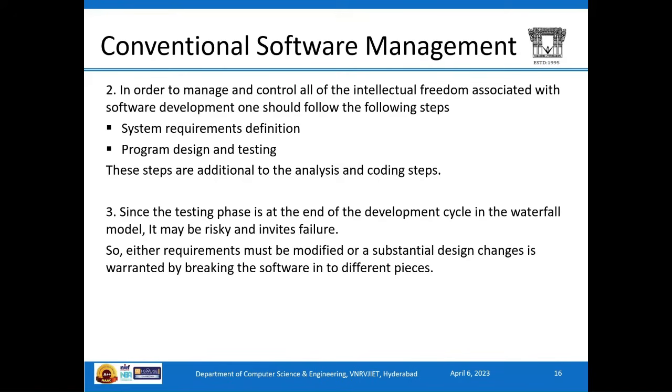We should use system requirement definition and program design and testing. These are the two additional steps which are included with analysis and coding. The third one is the testing phase, and it is at the end of the development life cycle in a waterfall model, but it may be risky and it invites failures.